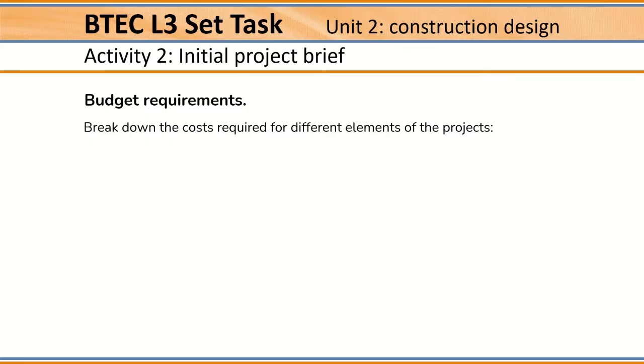Budget requirements. You need to break down the costs required for different elements of the projects. Land purchase. We can consider that the land has already been bought for this example.